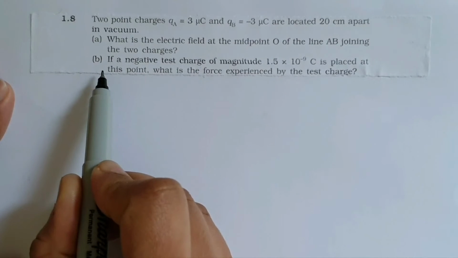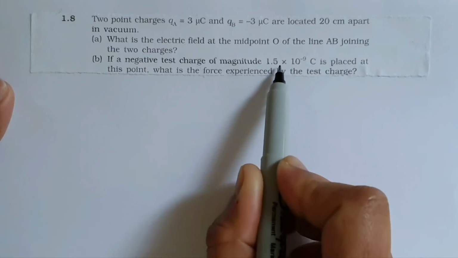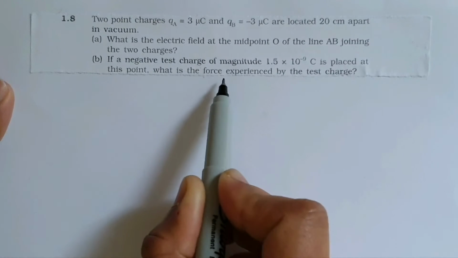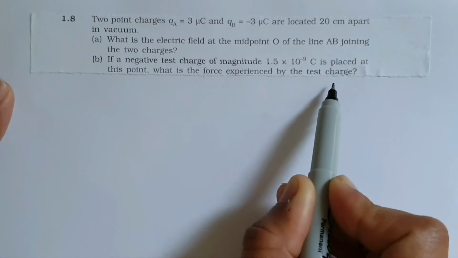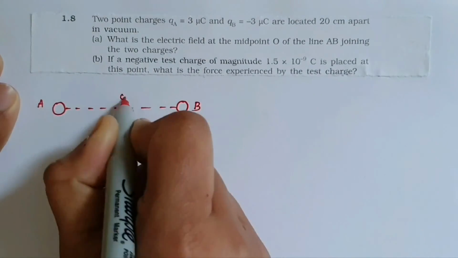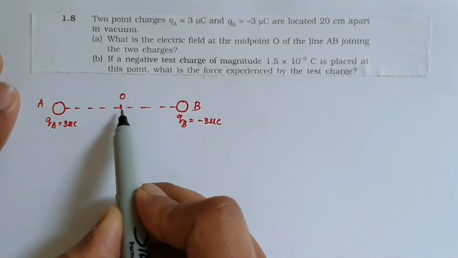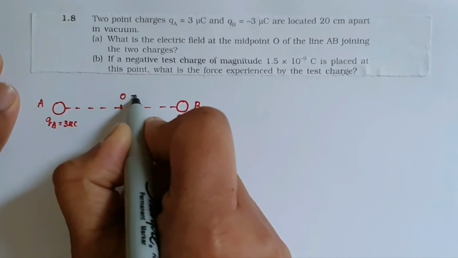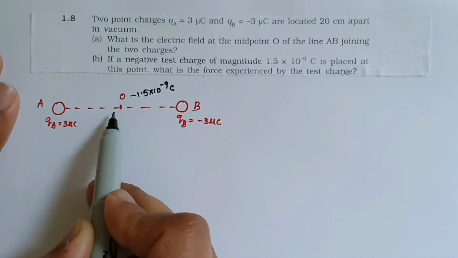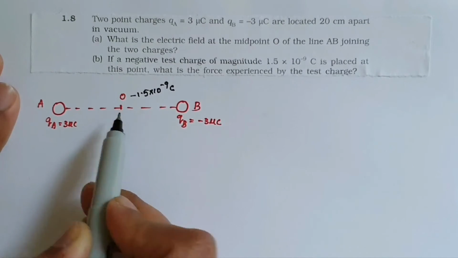Question number B. If a negative test charge of magnitude 1.5 into 10 raised to minus 9 Coulomb is placed at this point, what is the force experienced by the test charge? Now we place a negative test charge of minus 1.5 into 10 raised to minus 9 Coulomb at the midpoint. We have to find the force experienced by this test charge.